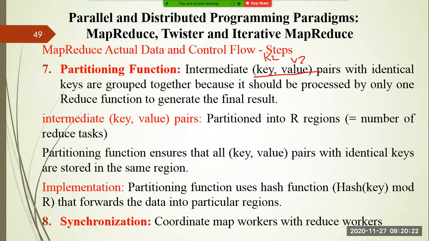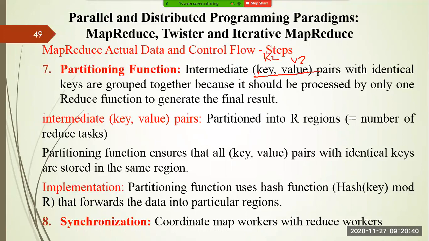The similar key, like silent and listen, should be provided to the same reduce function in order to generate the final result. If some other words are there, XYZ and YZX, they are given to another reduce function in order to generate the result.